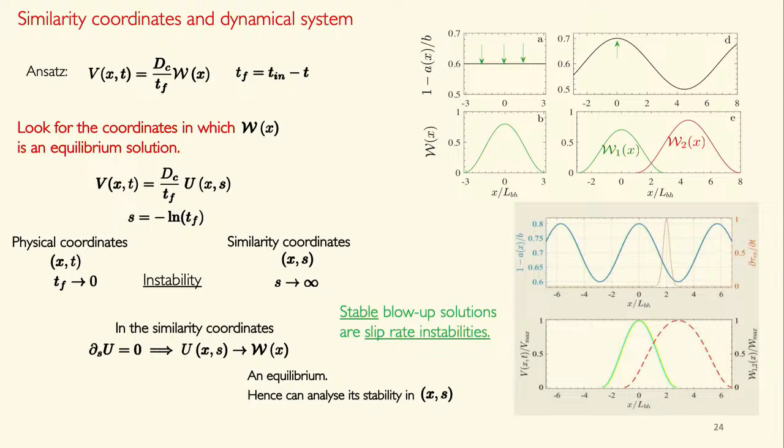In this formulation, we can recast the evolution equation of sliding rate into a similarity equation, and the steady state or the equilibrium of this equation gives the solutions for those instabilities. So this distribution is found by forcing an equilibrium on the similarity coordinate system.